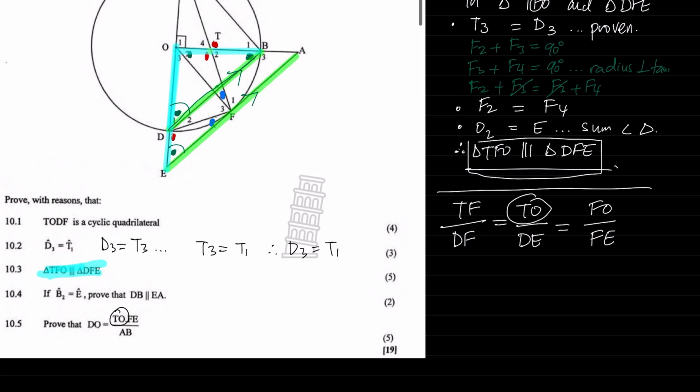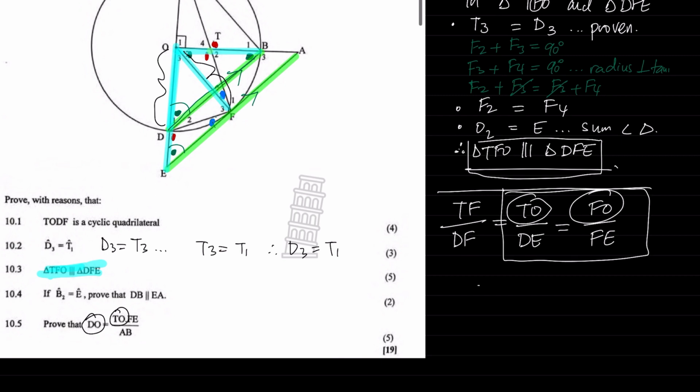Then the question has DO, right? But I know that DO and FO are the same because they are radii. So instead of that, I can say that that and that is the same. So that means I'm focusing on these.